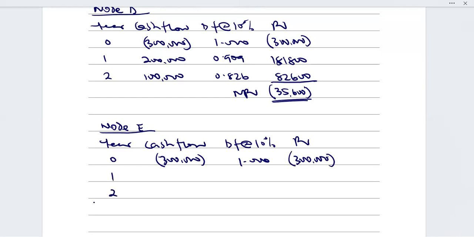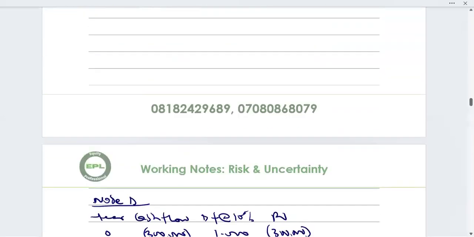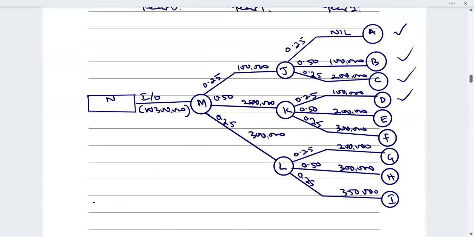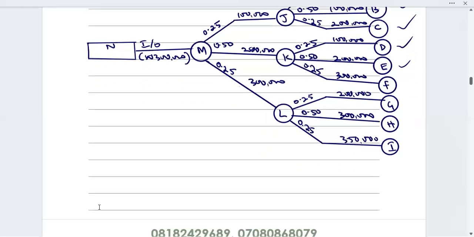Year 1, year 2. For node E, the cash flow in year 1 is 200,000. The cash flow in year 2 is 200,000.